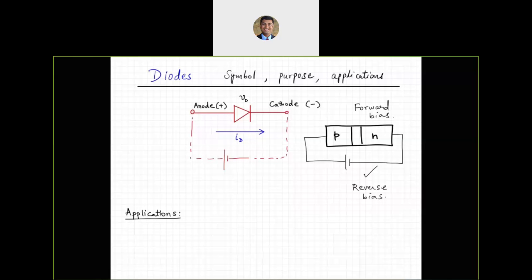So at this point, I hope you guys can guess what is going to happen. Forward bias, you have current flow. Reverse bias, you do not have current flow. We'll talk more about the details about the biasing regions in a little bit. But that's the symbol followed by the general purpose. So the general purpose, I can say, is to allow current to pass only in one direction.